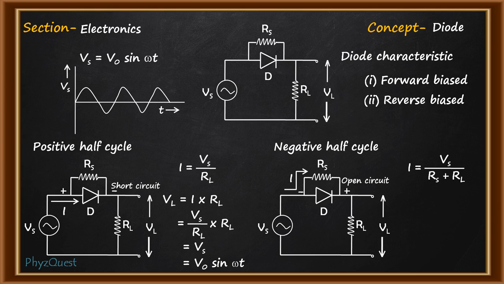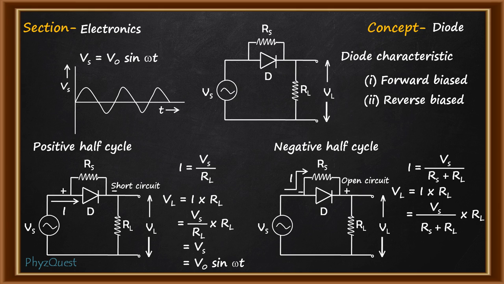Again, the output voltage across the load resistance RL will be equal to I into RL. Putting the value of the current, it will be Vs divided by Rs plus RL, into RL. It is already given in the question that the load resistance RL and the resistor Rs are both equal.